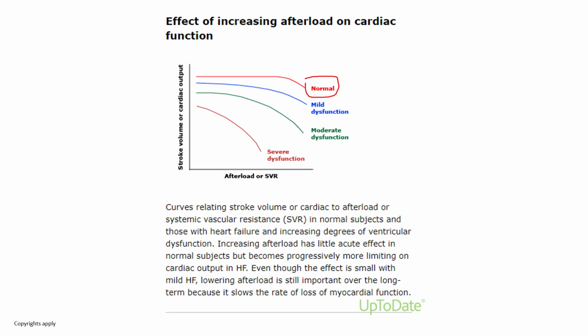But in patients with ventricular dysfunction, increasing afterload becomes progressively more limiting on cardiac output. This is why lowering afterload when you have ventricular dysfunction slows the rate of drop of ventricular function.